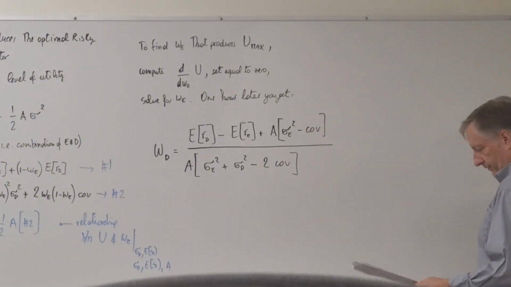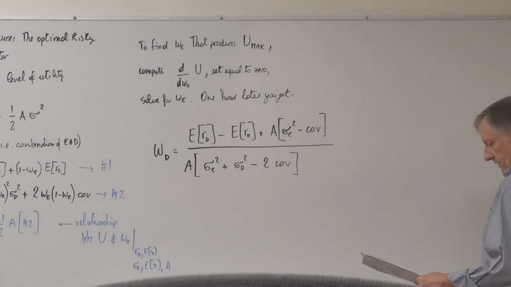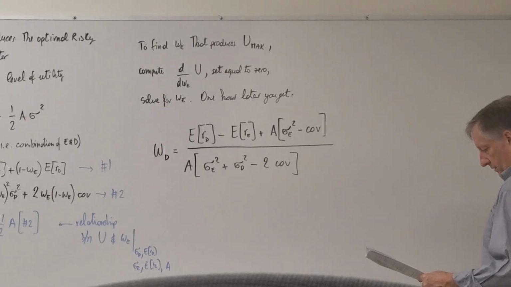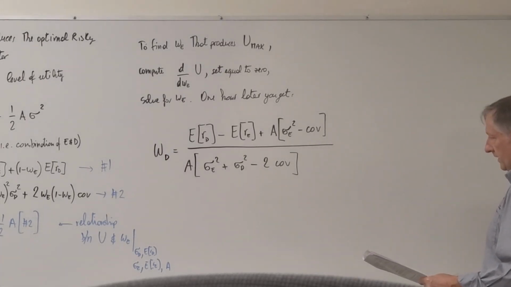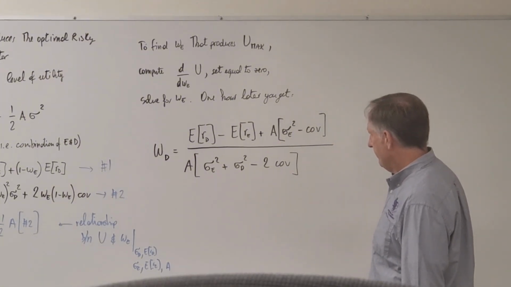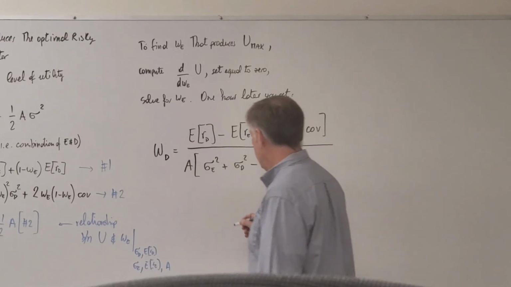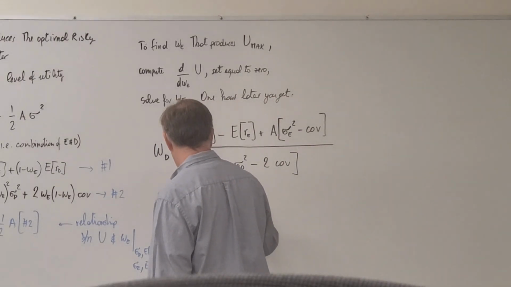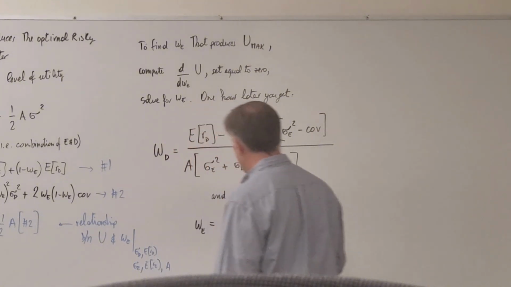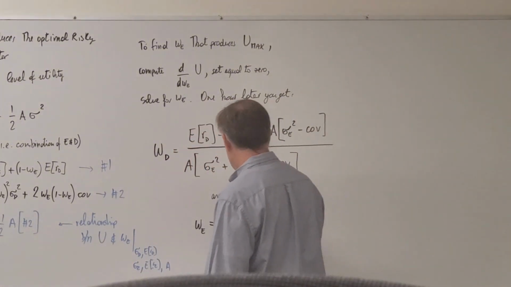Okay, so it's D, E, negative, positive, A, E. Yes, it's right. So let me figure out this other one. This is just swap.